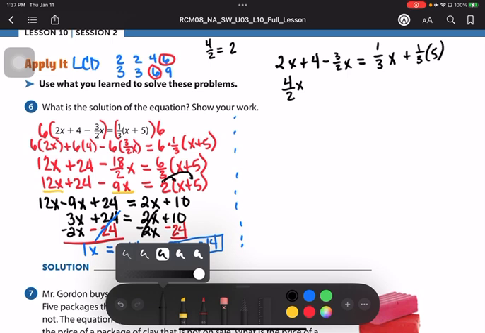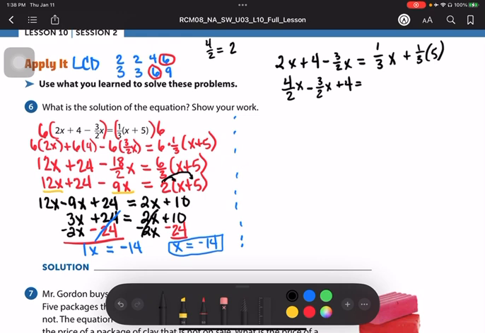So 2x is equivalent to 4 halves x, and I'm just going to move this 3 halves closer to it because the next line I'm going to subtract them. Okay, so I have 1/3 x plus 5/3. When I multiply 1/3 times 5, I get 5/3.